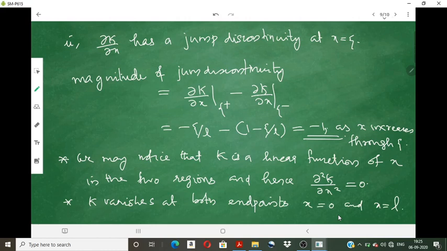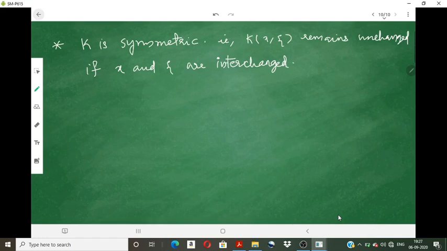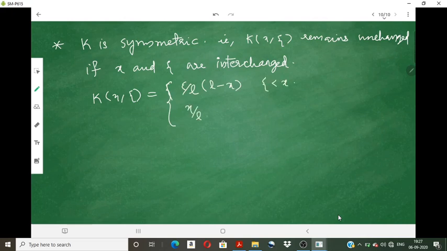Now the next point. Finally we may see that k is symmetric. That is, k of x, theta remains unchanged if we interchange the two variables x and theta. So we have k of x, theta as theta by L into L minus x when theta is less than x, and x by L into L minus theta when theta is greater than x.